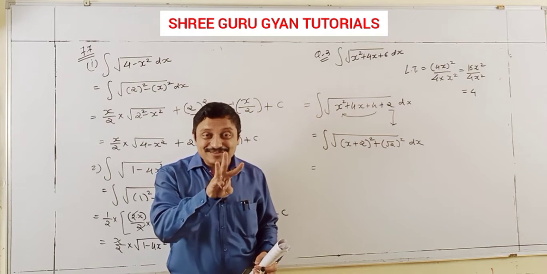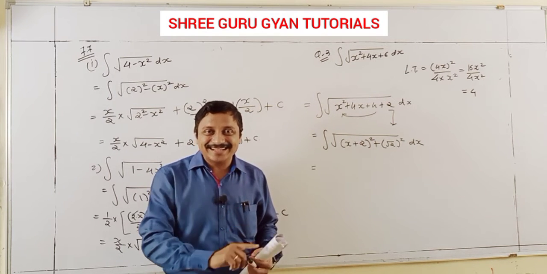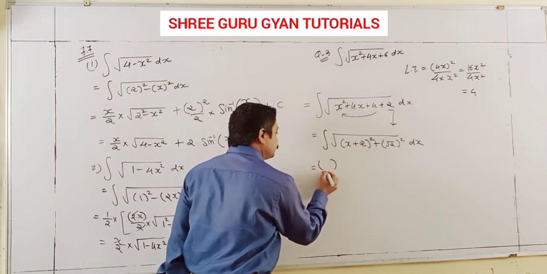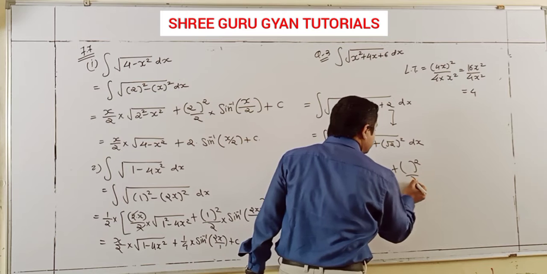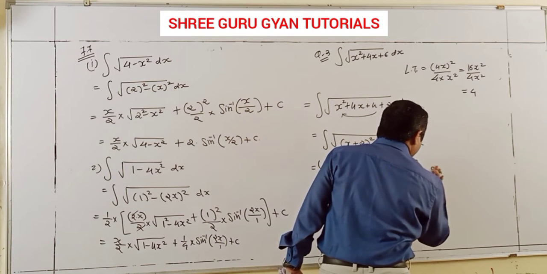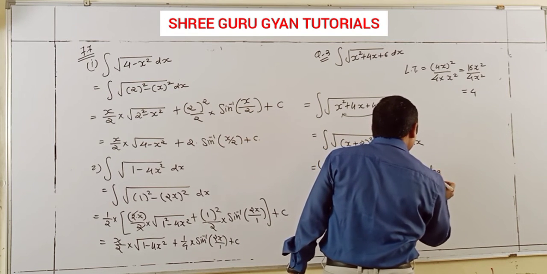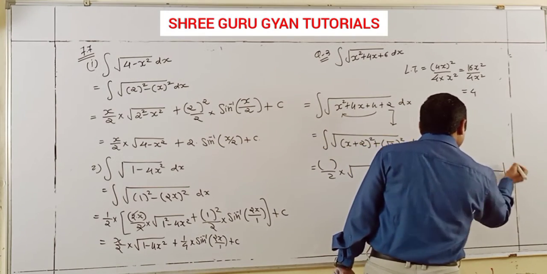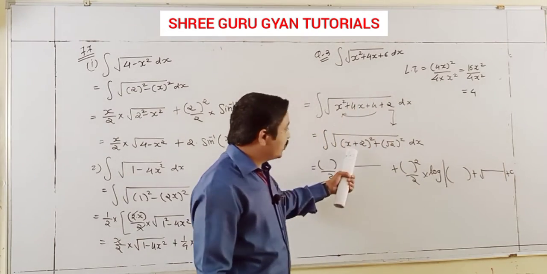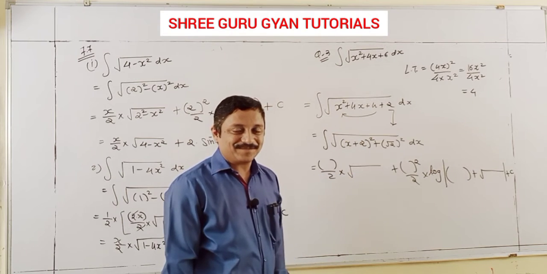Means today we have written three formulas. This first one, variable: x by 2 under root x square plus a square, plus a square by 2 log of x plus under root. Yes, students, again repeat, variable square plus constant square.